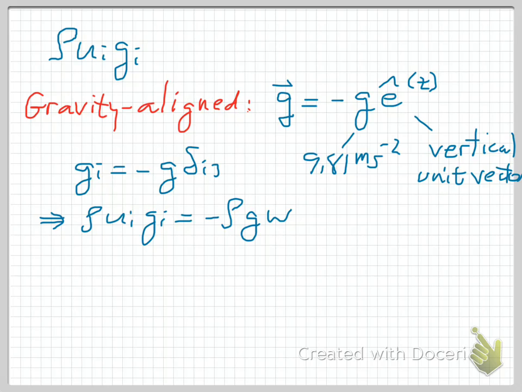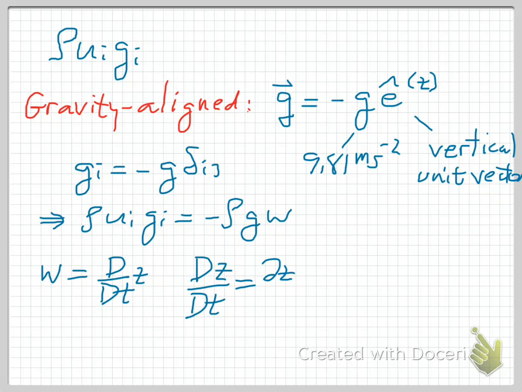Now, there's another thing we can recognize about w. w is equal to d by dt of the vertical coordinate z. Okay, w is just the derivative following the motion of a parcel of the parcel's height. And if you don't believe me, just write down Dz by Dt and expand it out in all its glory.